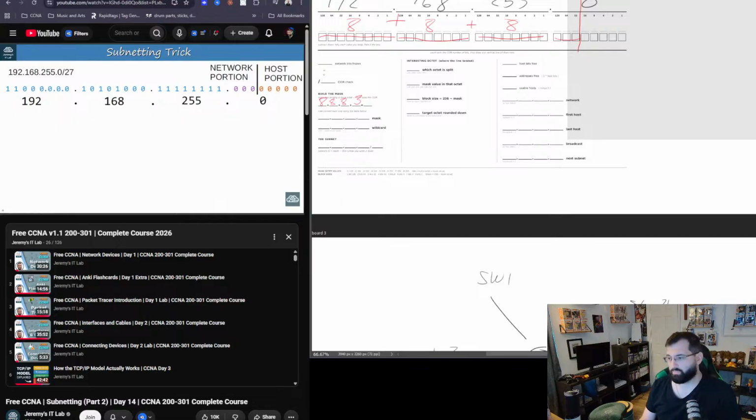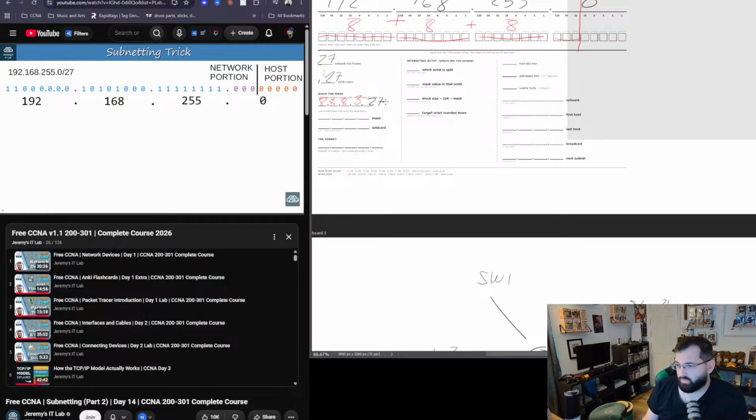So what does this mean? This means that the network portion is 27. That means the CIDR is 27.